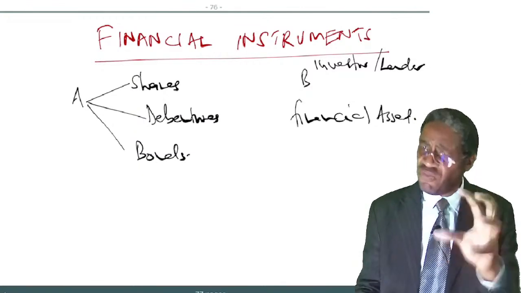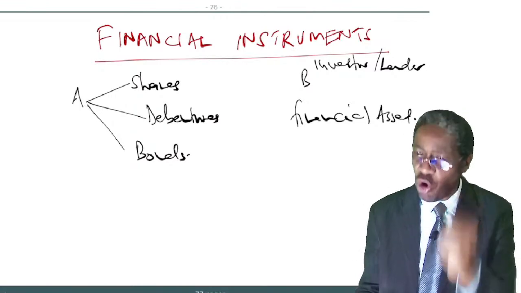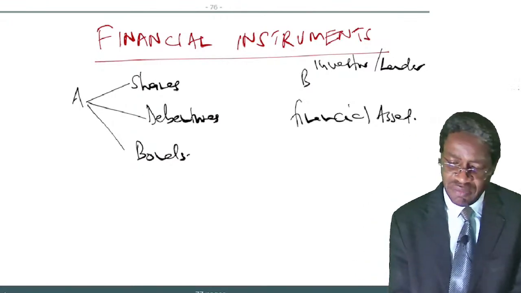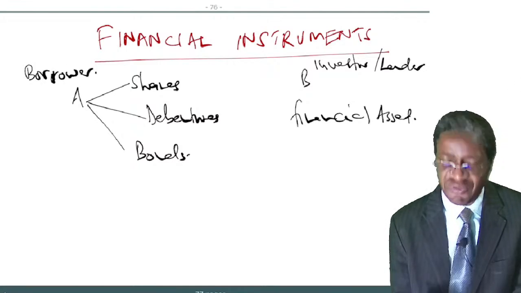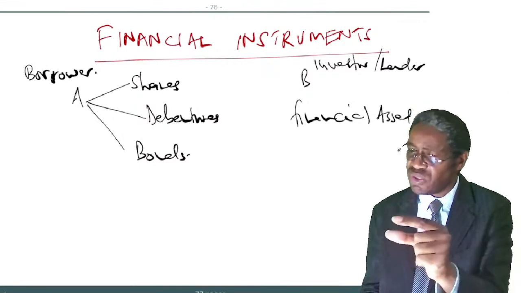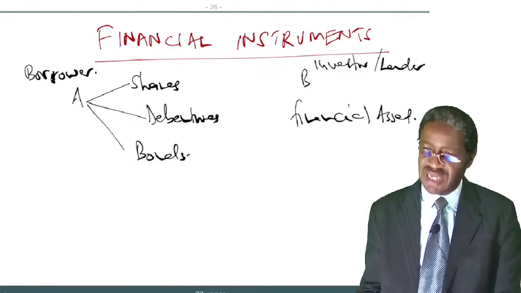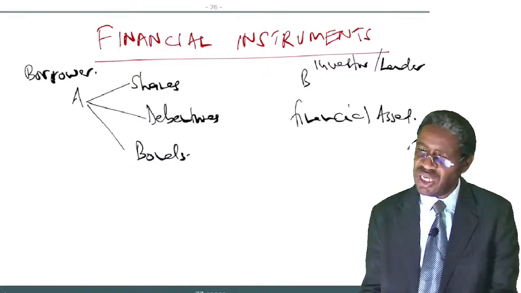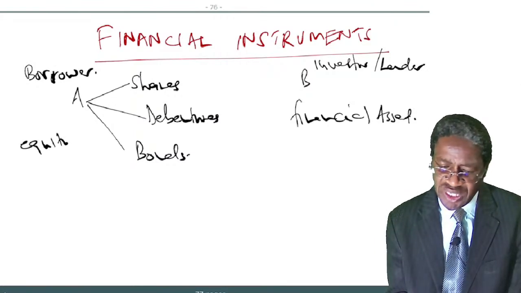On the side of A, we call them the borrower. They are the ones borrowing the finances. We refer to them as the borrower. If company A issued shares, then in the books of A, that will create what we call equity capital.